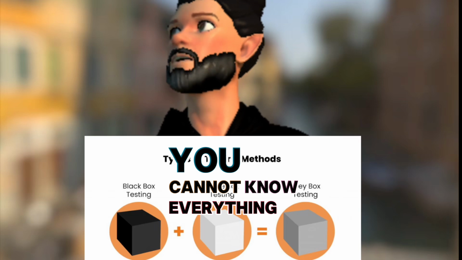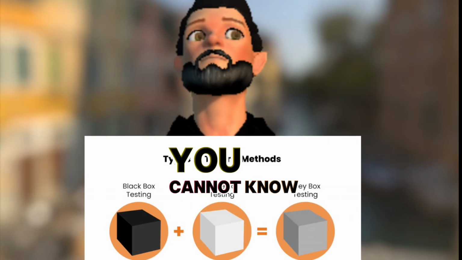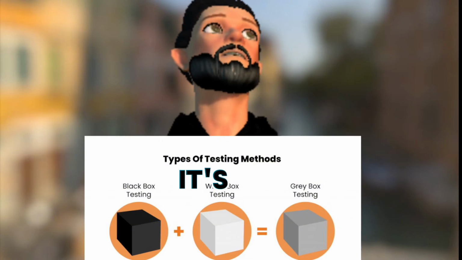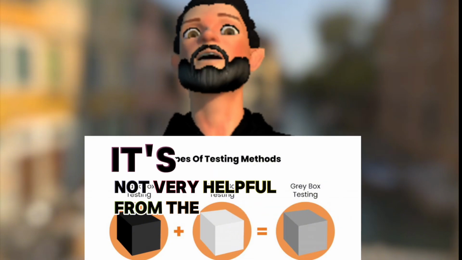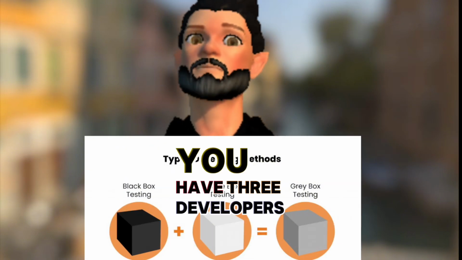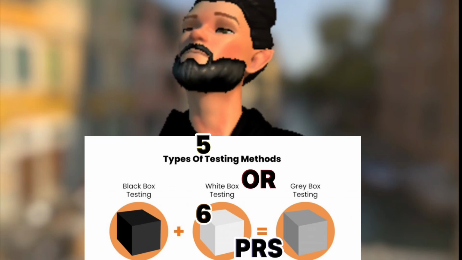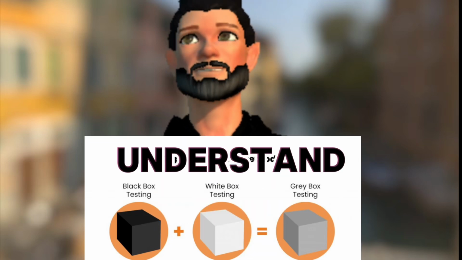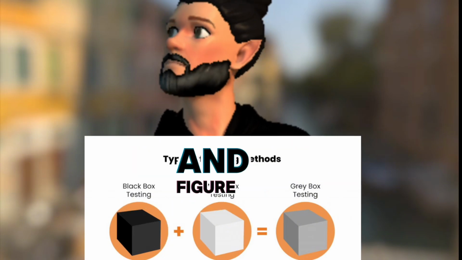You cannot know everything about a software, you cannot know every endpoint in a software, and it's not very helpful given the time constraints. You have 3 developers doing 5 or 6 PRs to bring in a feature to your product, so you cannot understand each and every piece of the code and figure out how to test.